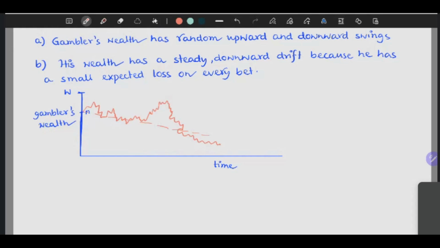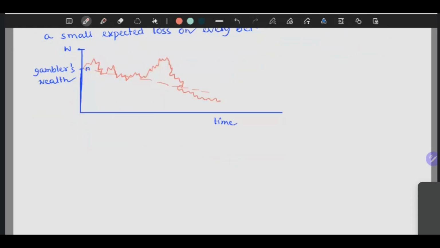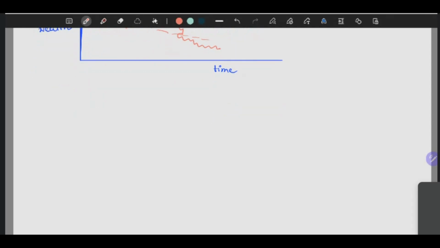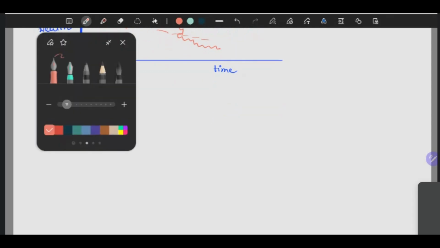Okay, so since it has a steady downward drift, he has a small expected loss on every bet.